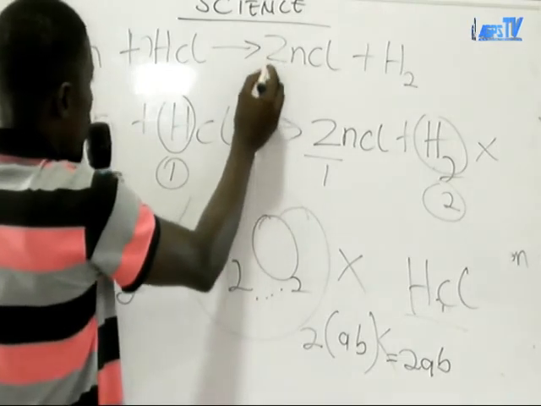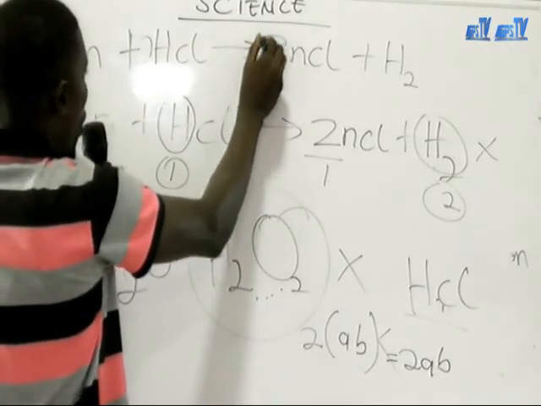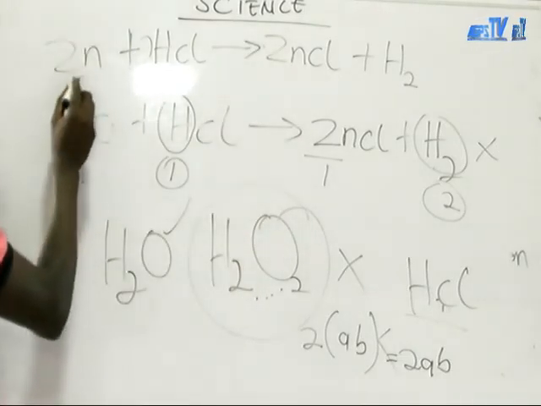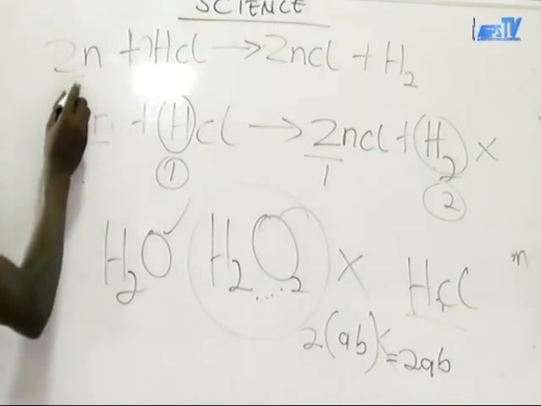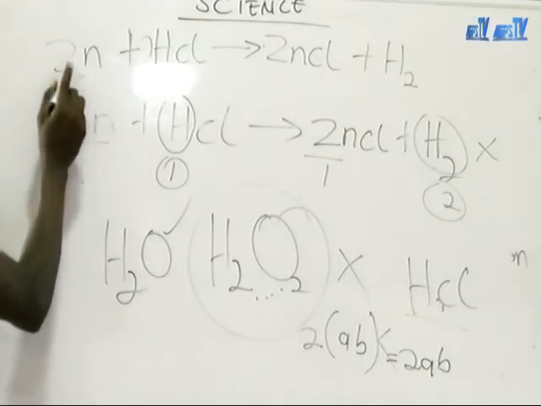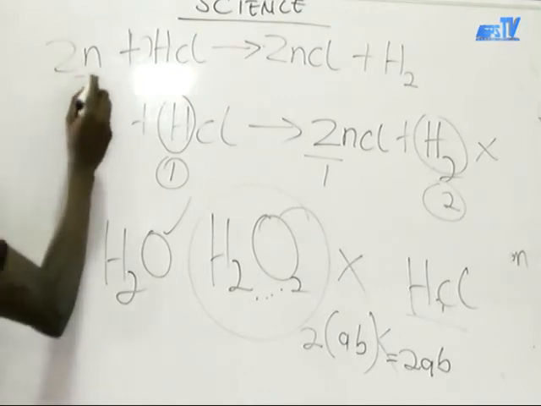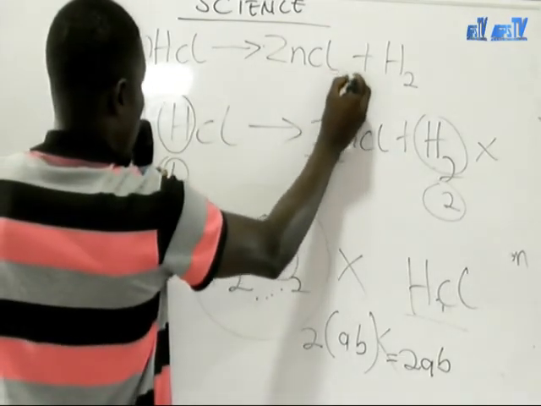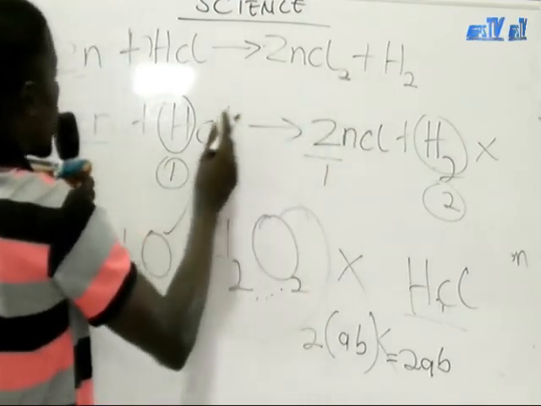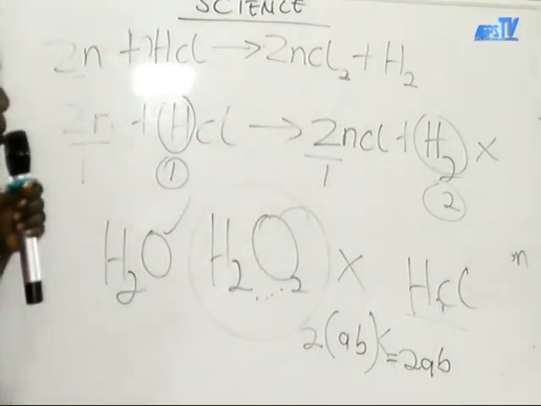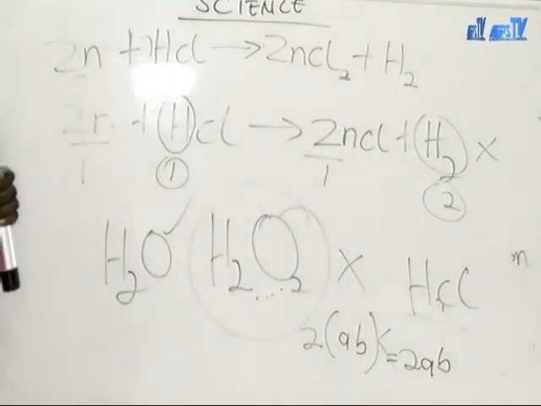You cannot write 2 in front of this because here we have only 1 atom of zinc. So you write the 2 here so that you can balance the chlorine.